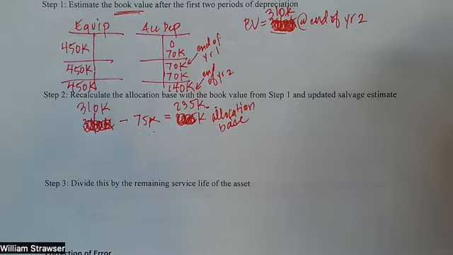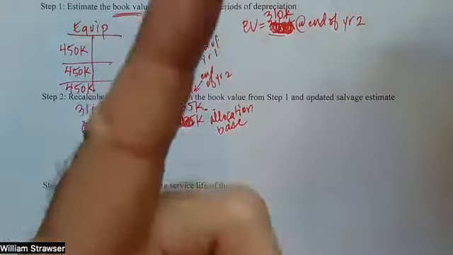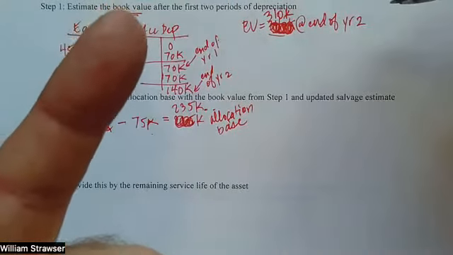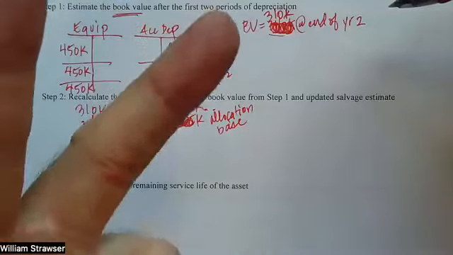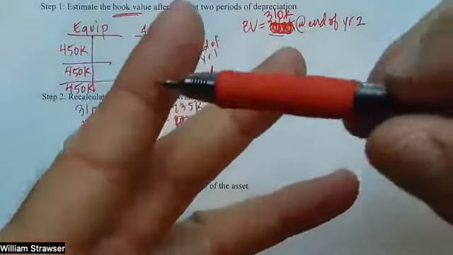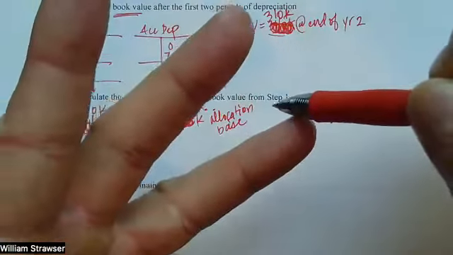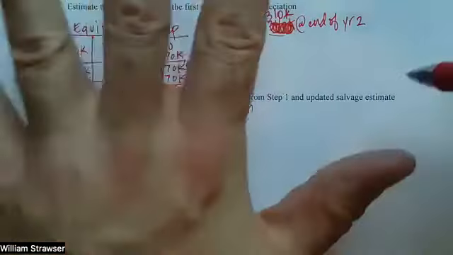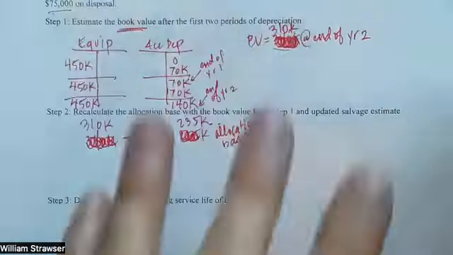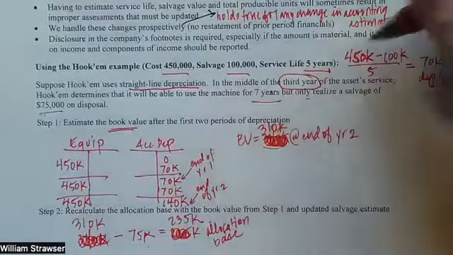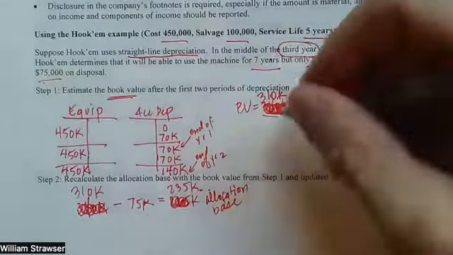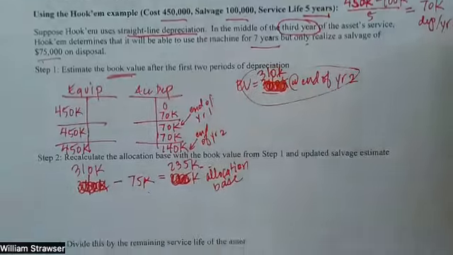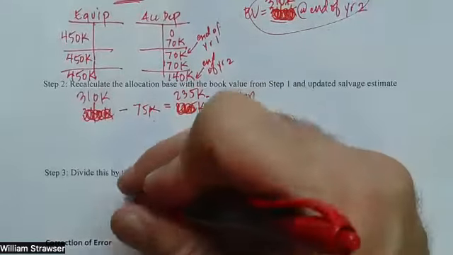So the third year has 1 year of depreciation remaining. The fourth year, the fifth year, that would have been the end of the original useful life. But if I'm going to get it for 2 more years, we add a 6th year and a 7th year. So we're going to have it for 7 years in total. I've already used 2 of them up, and so I have 5 remaining.